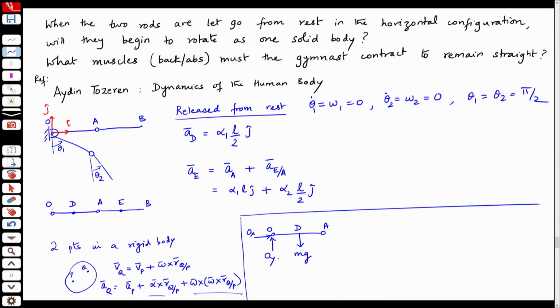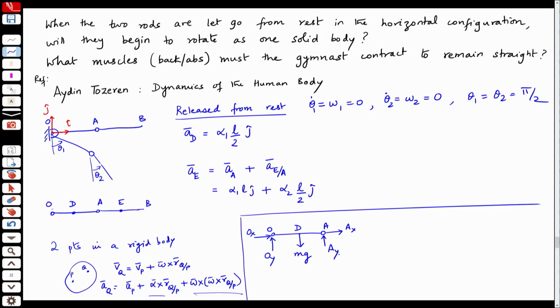It cannot support a moment, it can only prevent horizontal and vertical displacements, and then A is also a pin joint. Okay. So, I can say the reactions at A are Ax and Ay. So, this becomes my free body diagram for OA.